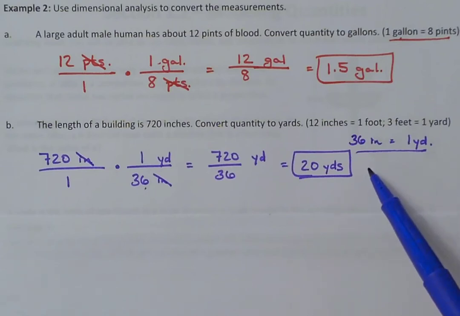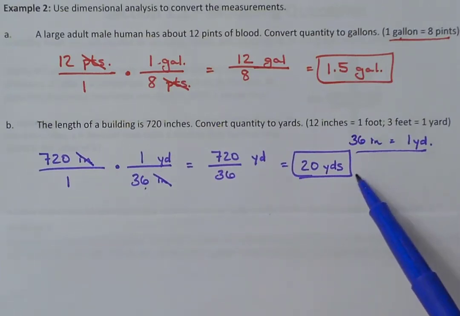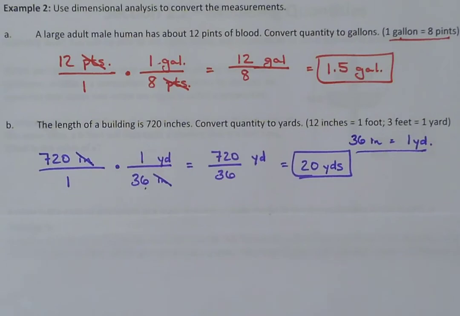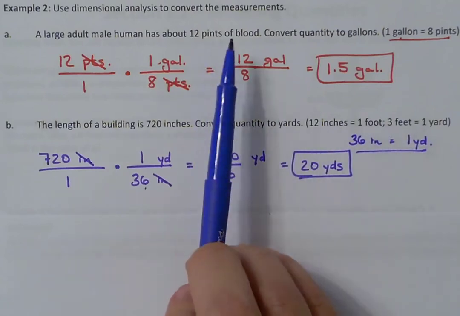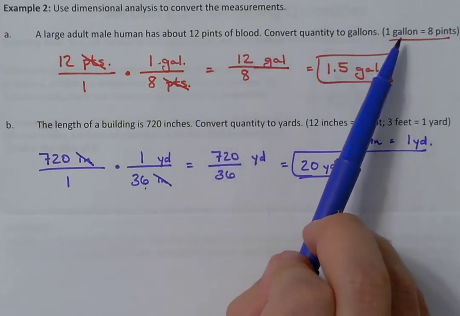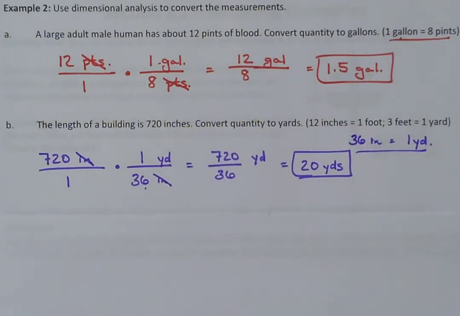I do recognize that sometimes the problems don't provide you with the unit rate or the conversion factor. That is something you could go onto Google and type in how many inches are in a yard, or how many pints are in a gallon, and it will tell you.